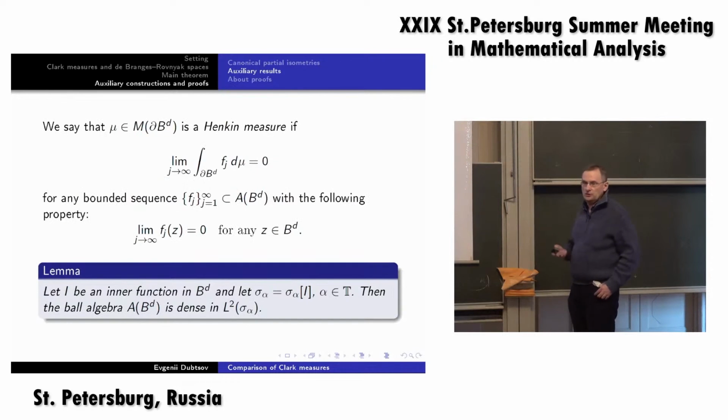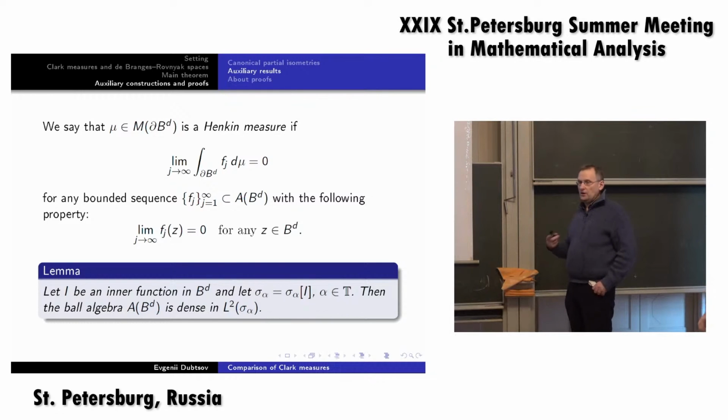This is a classical object in function theory in the ball. It means that if you take a bounded sequence in the ball algebra such that at every point inside the ball this sequence goes to 0, then in the limit, the integral over the sphere of f sub j d mu is equal to 0.